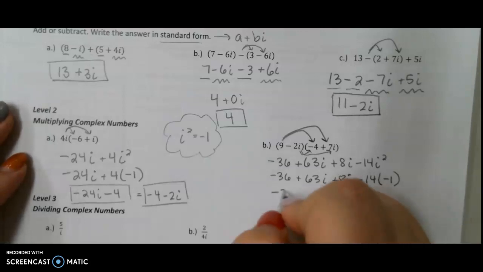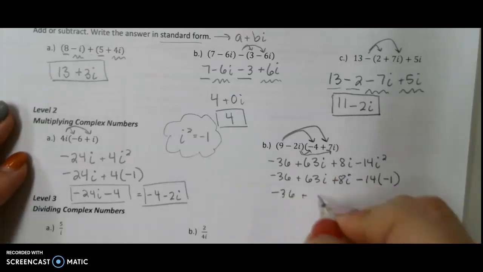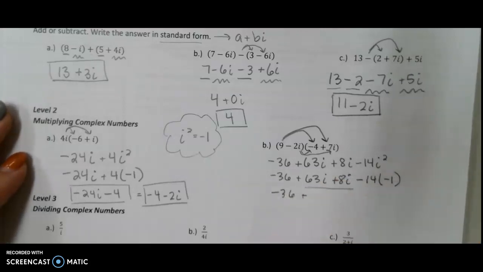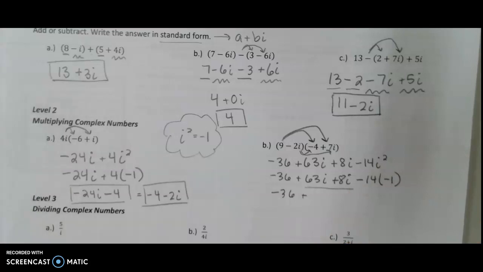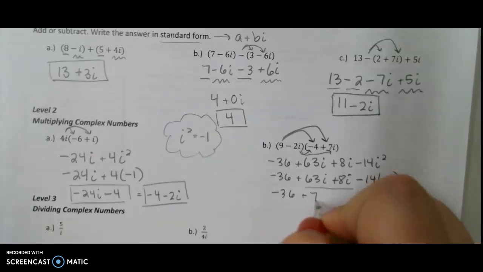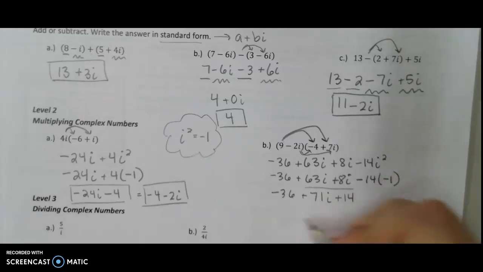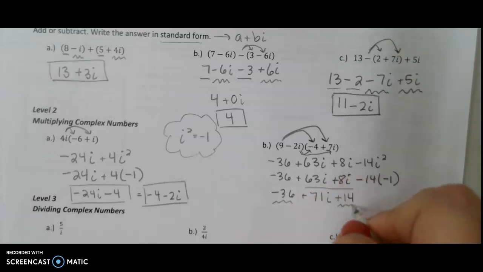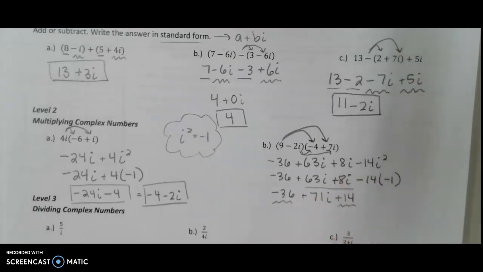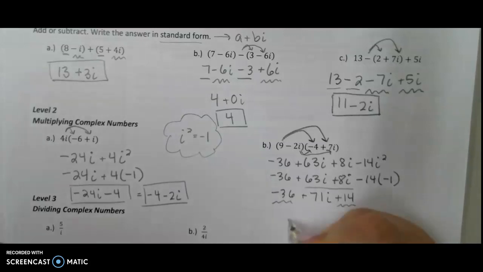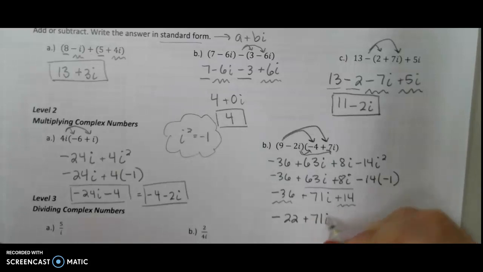So negative 36 plus, if you want to just go ahead and add these together, 63i plus 8i will give us 71i. And then this becomes plus 14. And then the last thing we can do is combine negative 36 and plus 14 to give us negative 22 plus 71i.